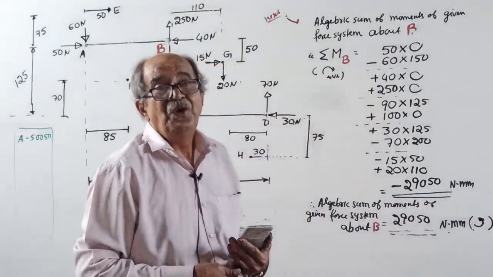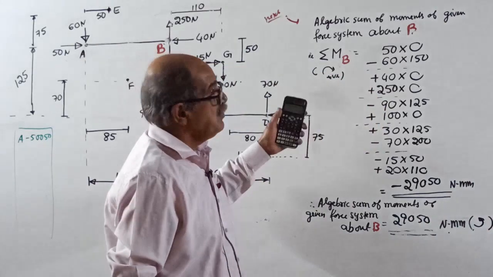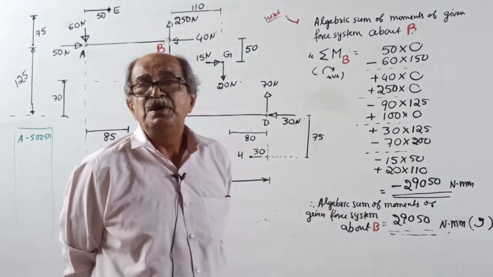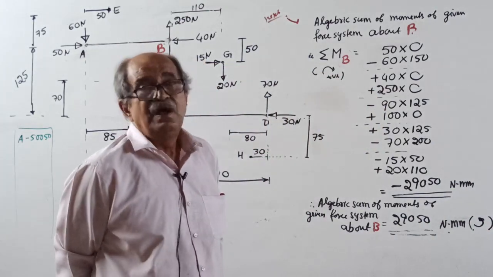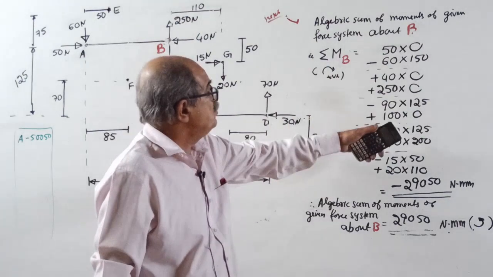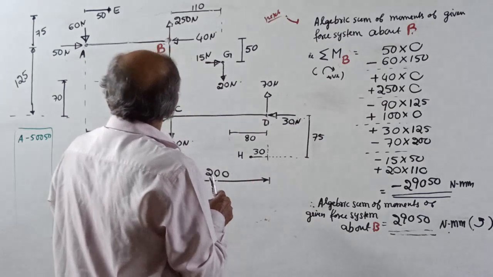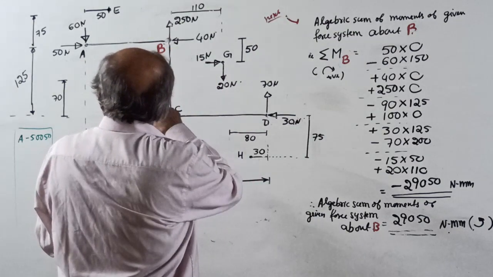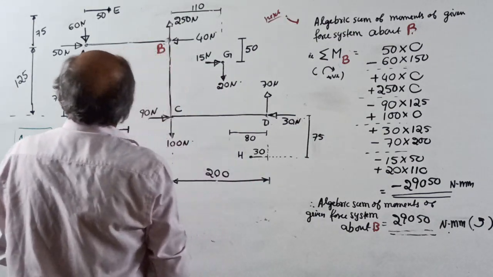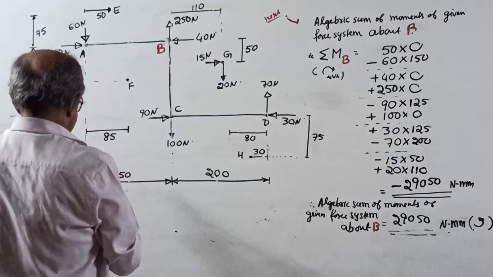Now I will tell you what answer you got about A. Some will tell, how sir? This you cannot use. That you don't bother. I can tell the answer now. For that, I first want net vertical force.